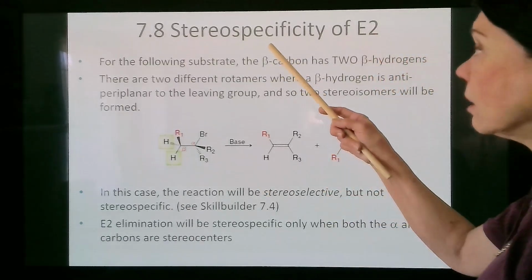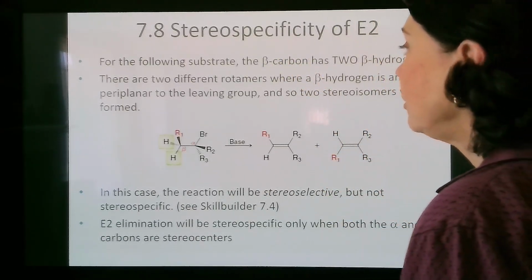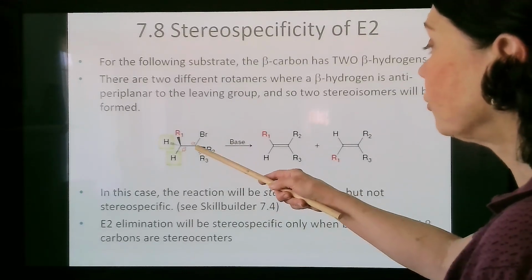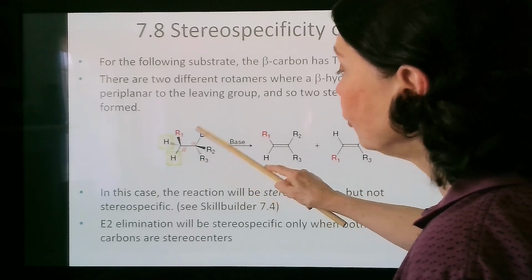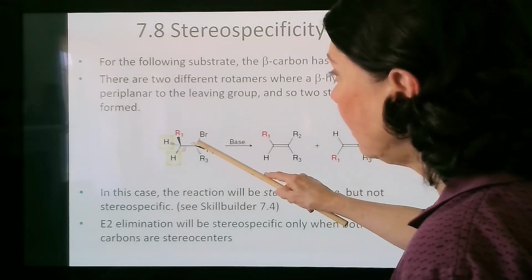Okay, more on stereospecificity of the E2. For this substrate, the beta carbon has 2 hydrogens, and you have 1 leaving group.